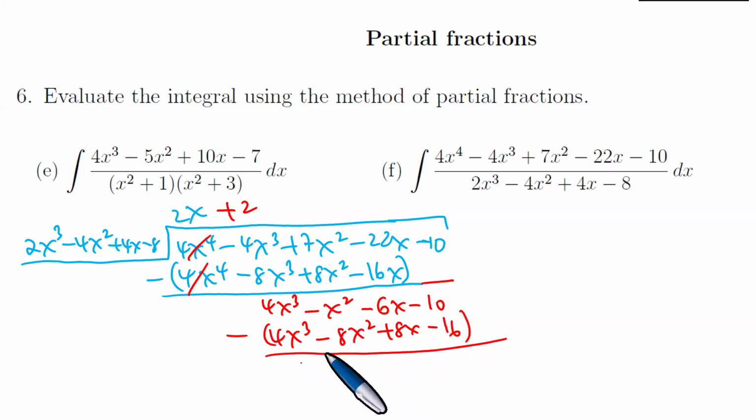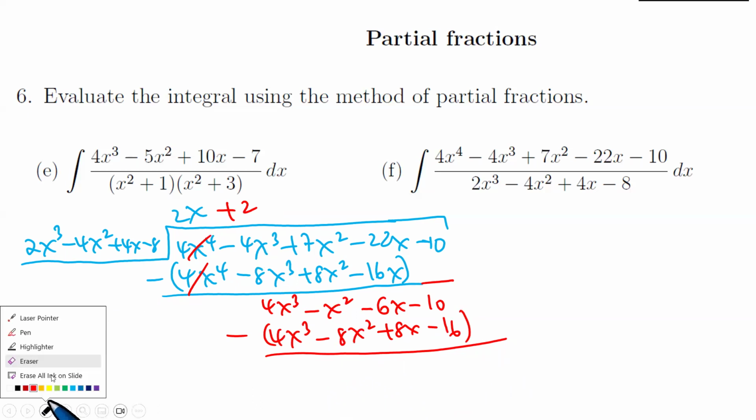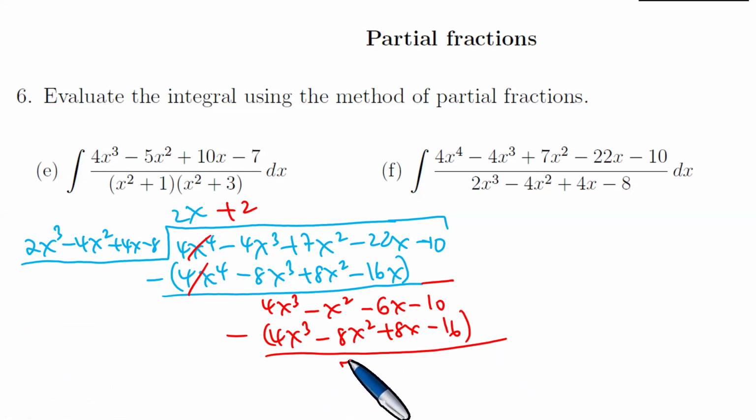Okay, this one, you add this and it becomes 7x squared. And then this one is minus 14x, and then this one is plus a 6.